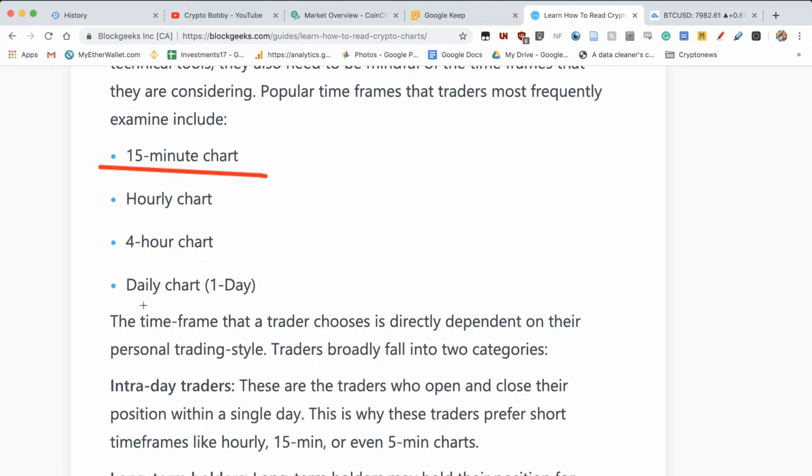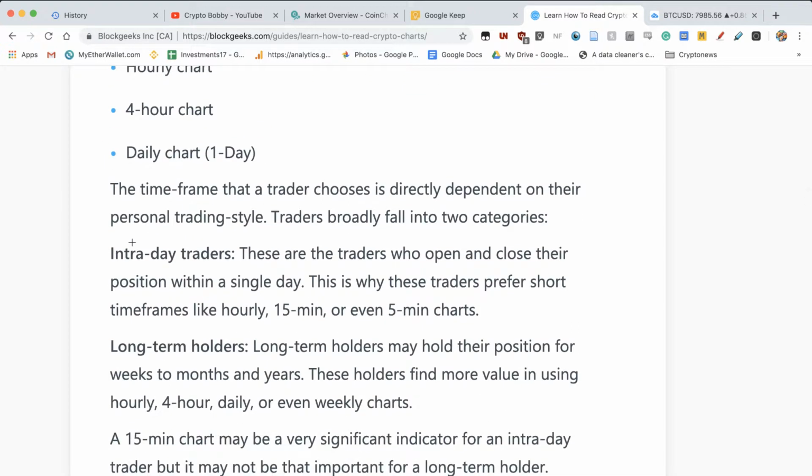I also like to look at the weekly chart to see the very long trends, where one candle is going to be 1 week. We're going to look at what candles are afterwards. If you're not sure about that, just wait and I'll explain that.